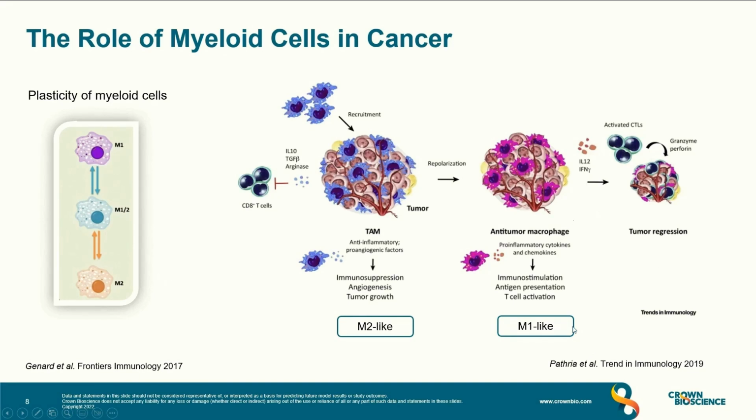On the other side, we have the polarization phenotype that we call M1, which is an anti-tumor type, or at least a macrophage type with anti-tumor activity, which is pro-inflammatory and stimulates antigen presentation and T-cell activation. So obviously, these are populations that we want to modify in cancer therapies.